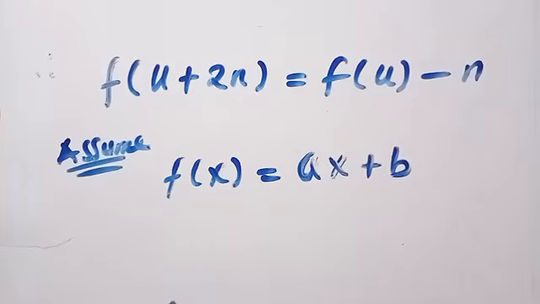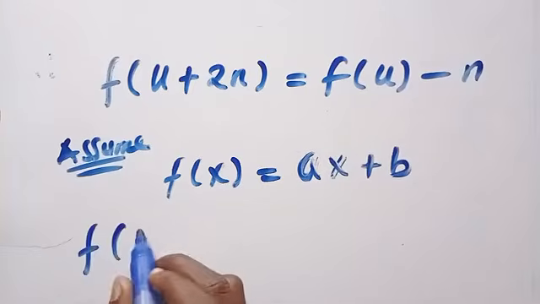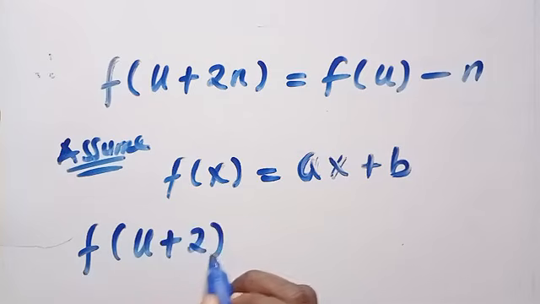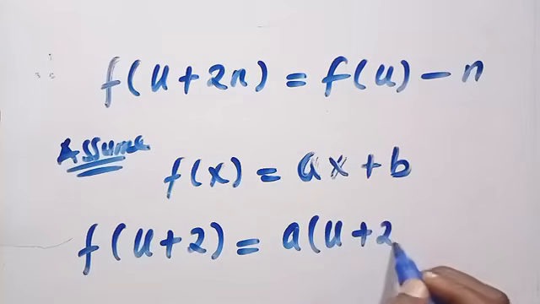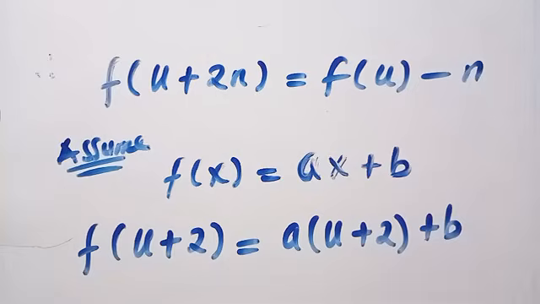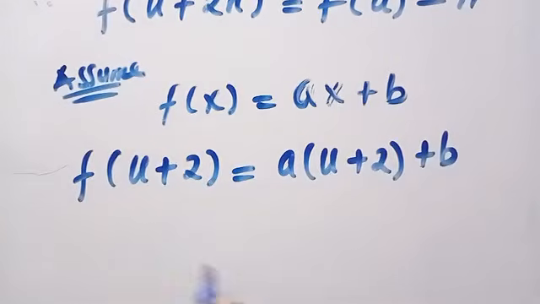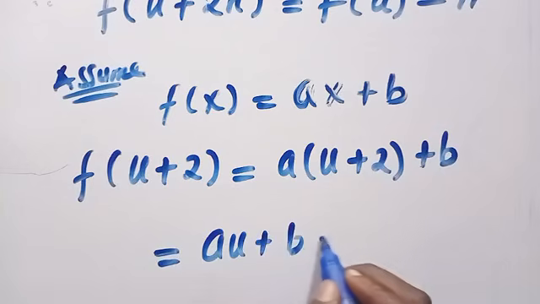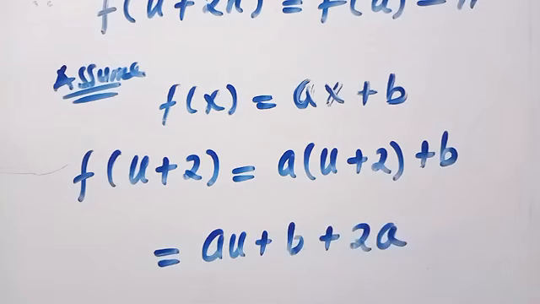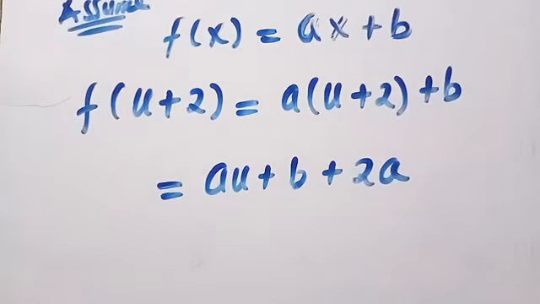Then we input f of u plus 2 equals a into bracket of u plus 2, plus b, as this equals au plus b plus 2a. But this equals what we have from above, the initial function, which is f of u plus 2 equals f of u minus 1.